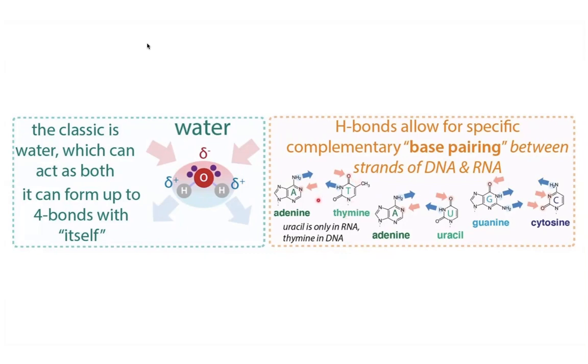So you get this specificity between the strands where you have an A binding to a T or an A binding to a U in the case of RNA, and then you have a G binding to a C. And so this specific binding comes because they have this distinct arrangement of donors and acceptors that are in the perfect geometry for this to happen.